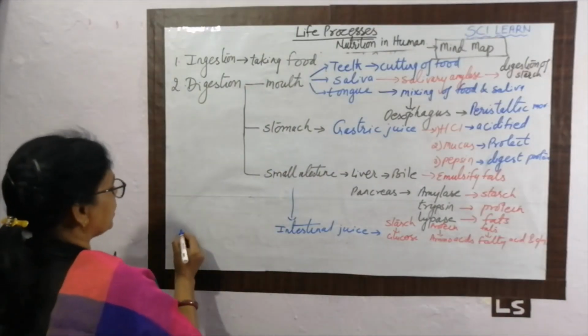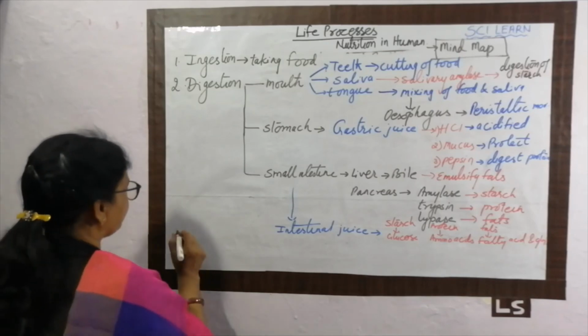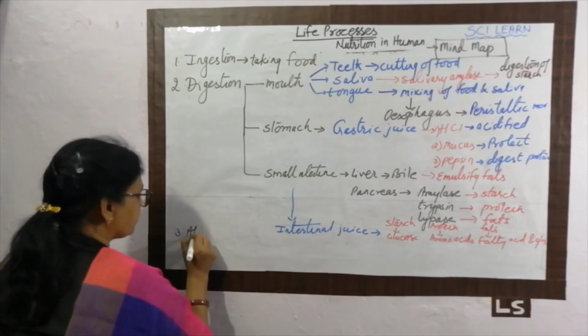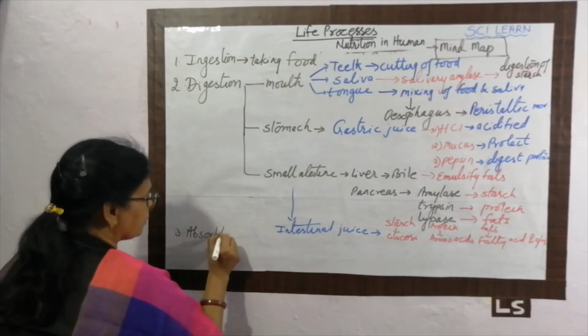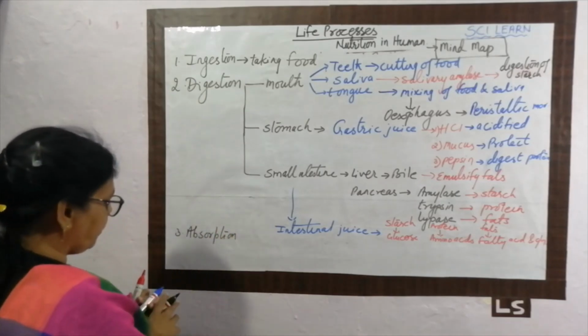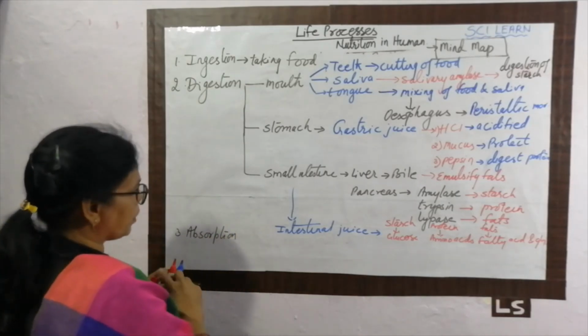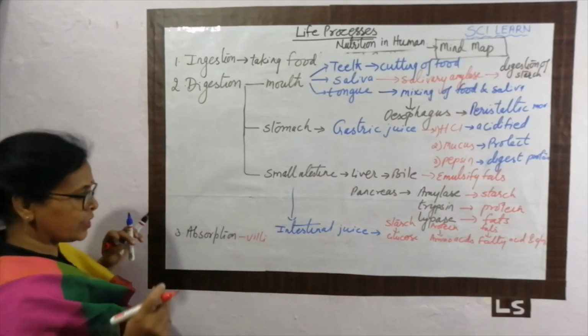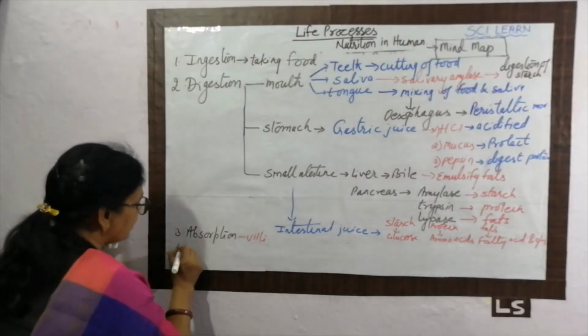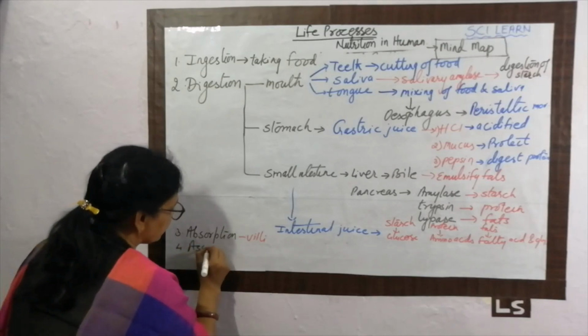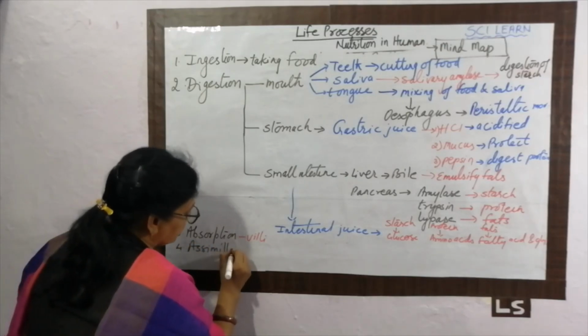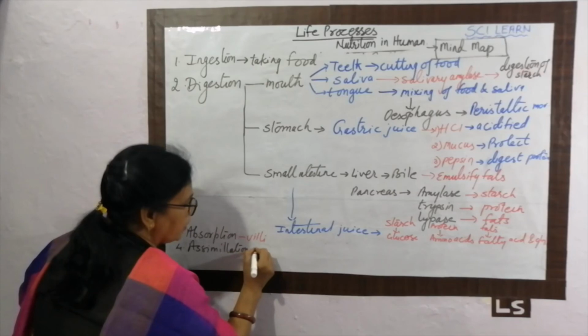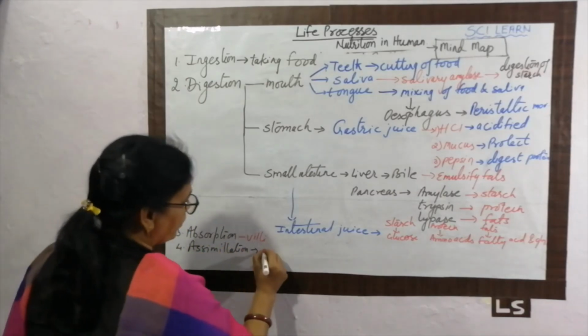Then the third step is absorption. It is performed by villi of the ileum of the small intestine. Then assimilation. It is performed by blood vessels.